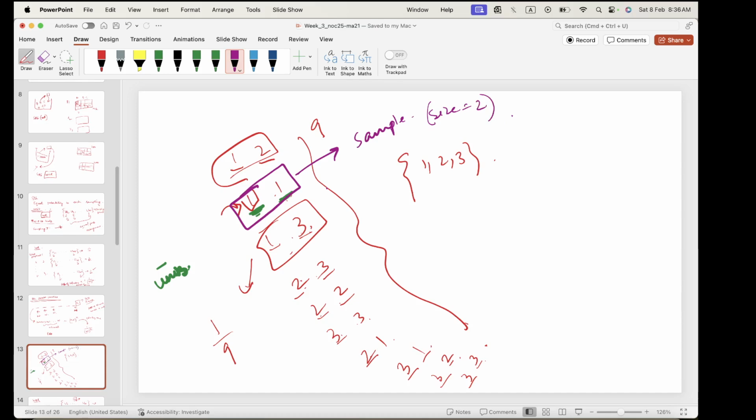Unit is the single individual, and sample size is actually the number of units in the sample. That is your sample size.